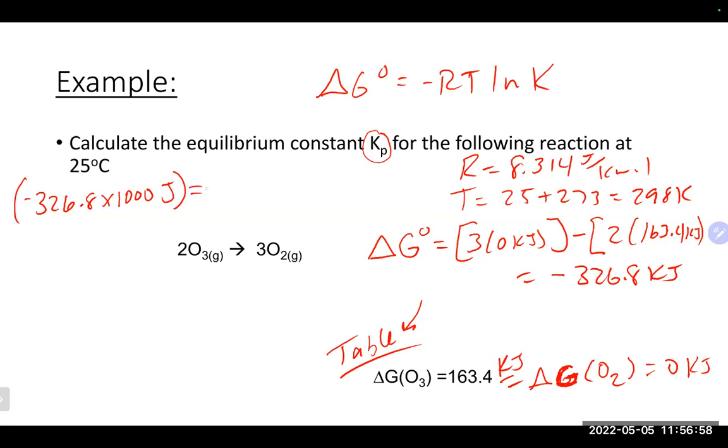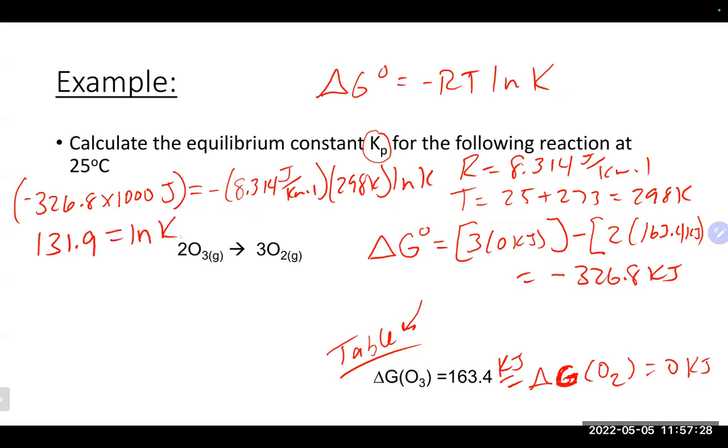It is going to equal our minus 8.314 joules per Kelvin per mole and our 298 natural log of K. I'm going to bring everybody to the other side there. If I divide by 8.314 and divide by 298, we'll call it 131.9 equals the natural log of K.